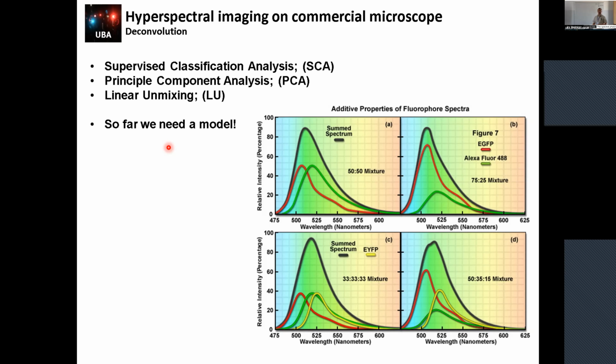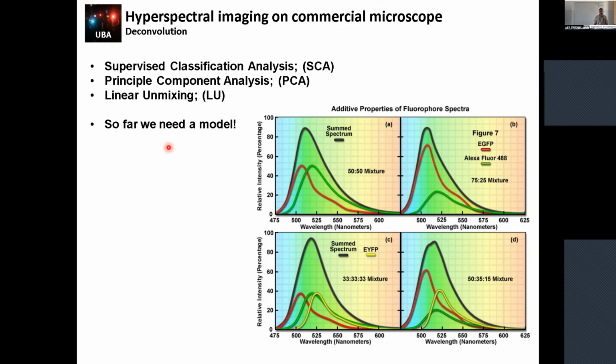But the problem is when we want to study samples where the spectrum is not known, or can change over time, or can change by any kind of property. For example, what I would like to stress today is solvatochromic probes to study membrane dynamics. This is not possible because we don't know what the expectation is.